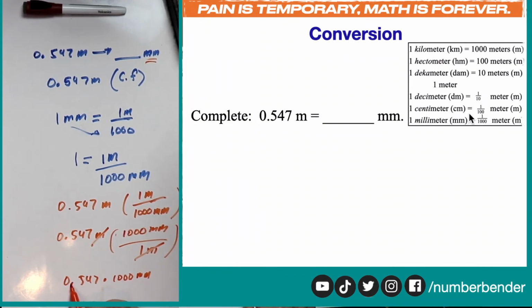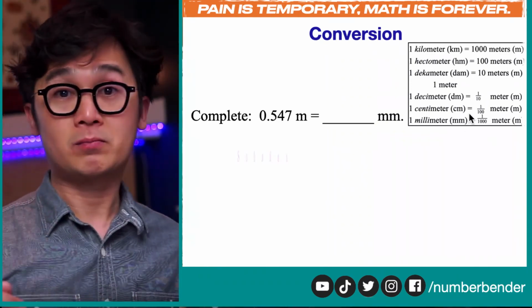That means we're going to move the decimal 3 units for 0.547 going to the right, and we'll have 547.0 as our answer, which is approximately equal to 547. So that means 0.547 meters is equal to 547 millimeters using this process.